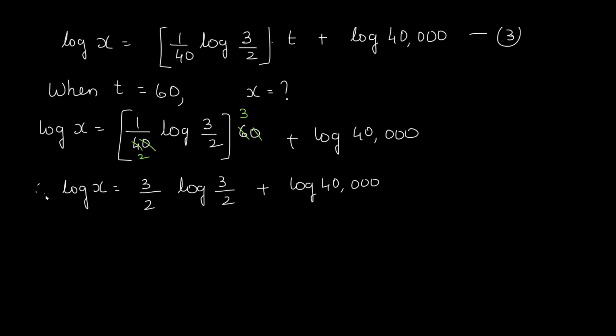We get log x is equal to log of 3 upon 2, the whole raised to 3 by 2. You know that when a number is multiplied to a logarithm, that number can be raised as the power of the logarithmic term. So this 3 by 2, which is beside log 3 by 2, can be written as the power over here. And the remaining last term is the same.